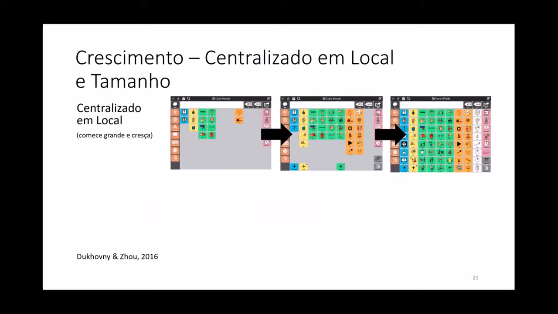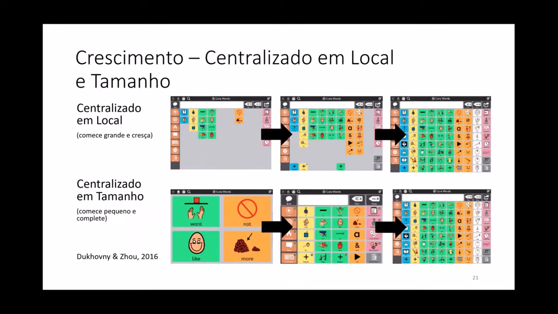So with SNAP plus Core First, there's two ways you can grow. Like Danica, what they did was they started with a grid that was filled in, and they hid all of the buttons that she needed to learn, and they gradually introduced that vocabulary over time. This feature works really well for individuals who don't have any vision or access issues.